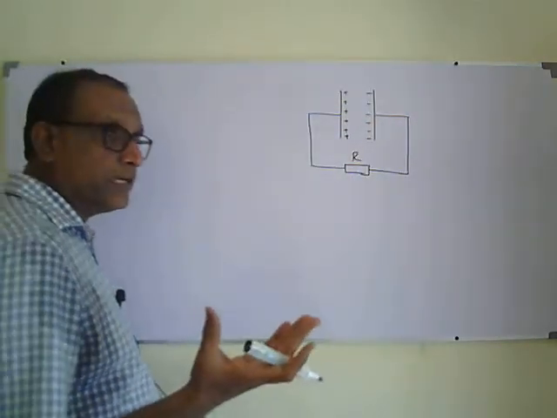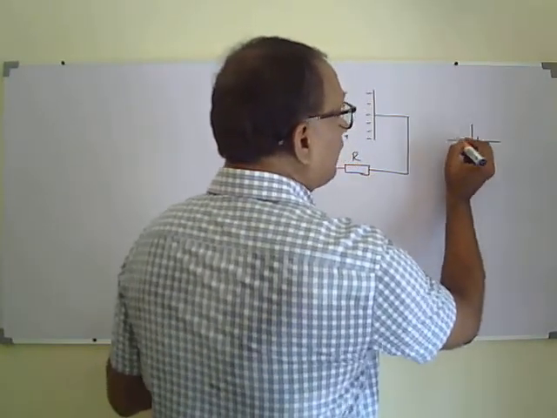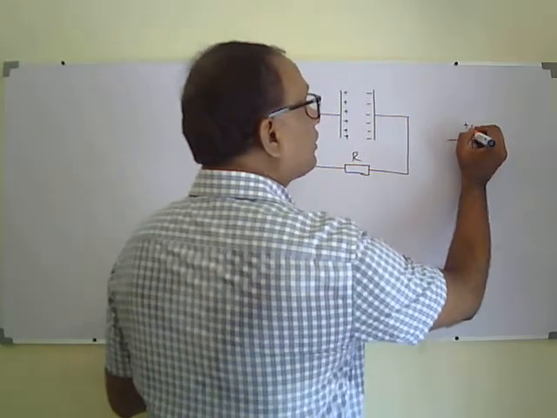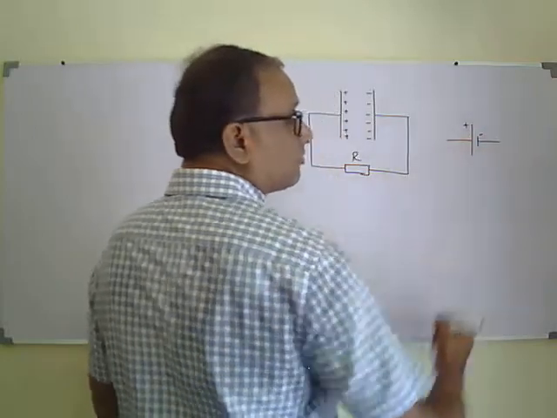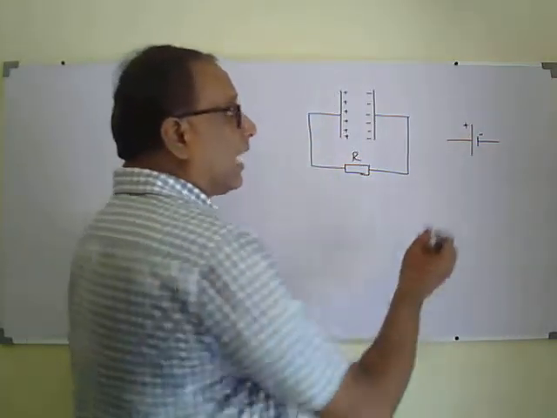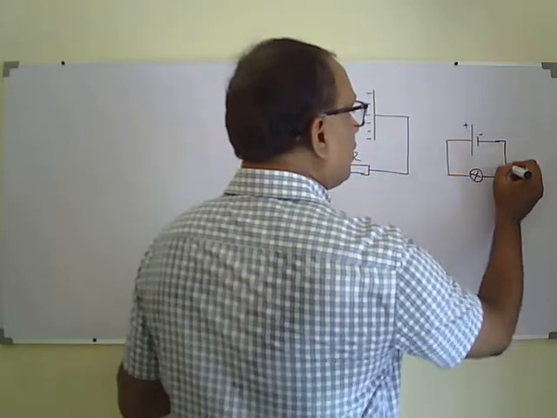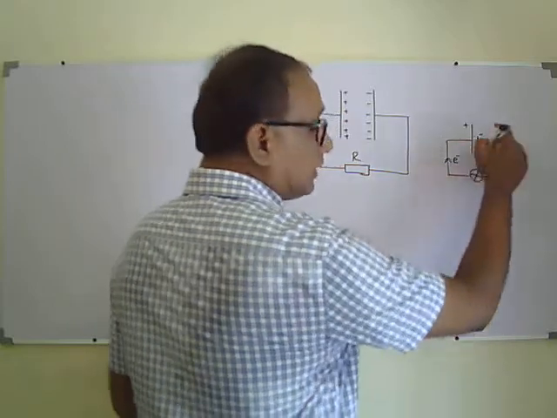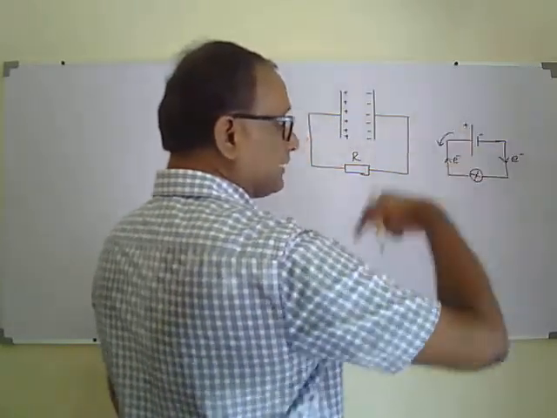If you think about a normal DC power supply, a battery, due to chemical reaction the positive terminal consists of positive ions and the negative terminal consists of free electrons. When you connect it to a component through the external circuit, the electrons flow from the negative terminal to the positive terminal, and the current flows in the opposite direction.